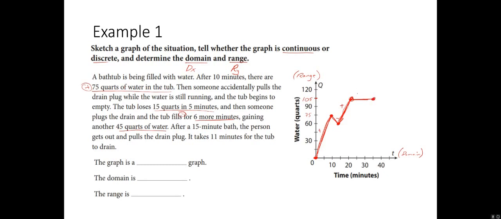There we go. So again, we're just holding steady, taking our bath, just enjoying ourselves. And then after 15 minutes, the person gets out and pulls the drain plug. It takes 11 minutes for the tub to drain. So add on 11 minutes: 36 plus 11 is 47. And it's empty. Oh, sorry.